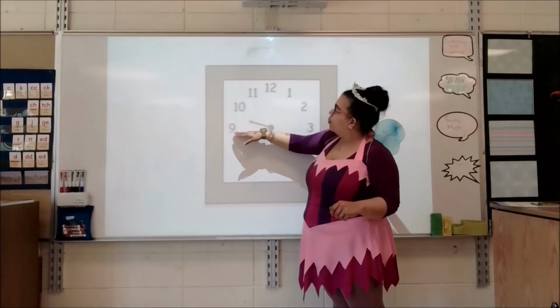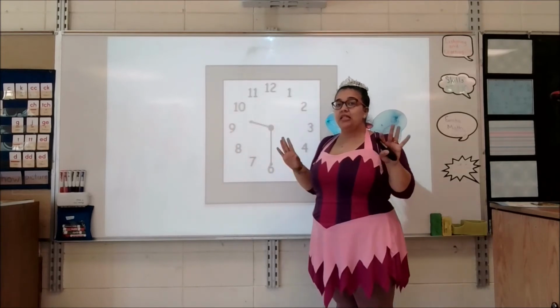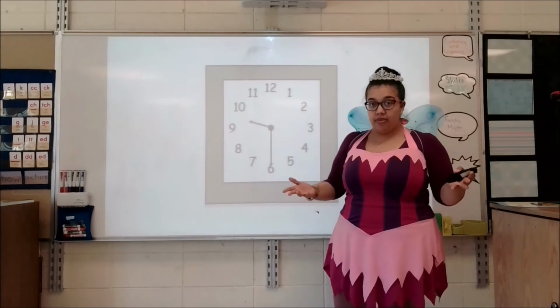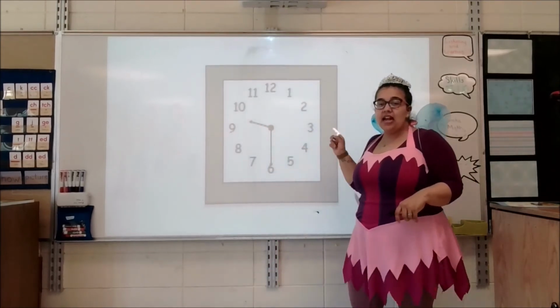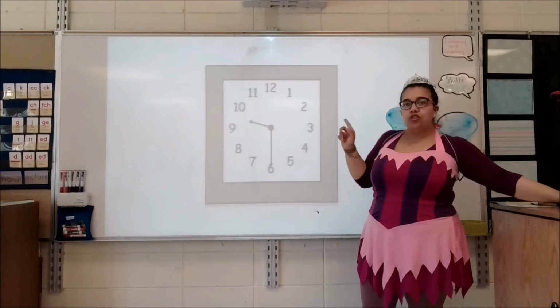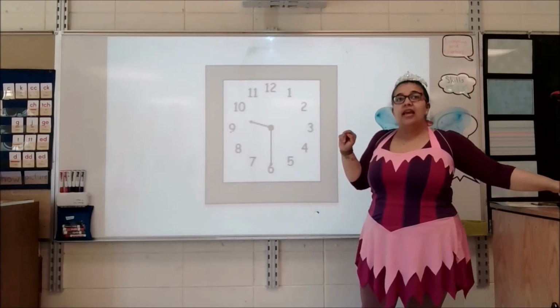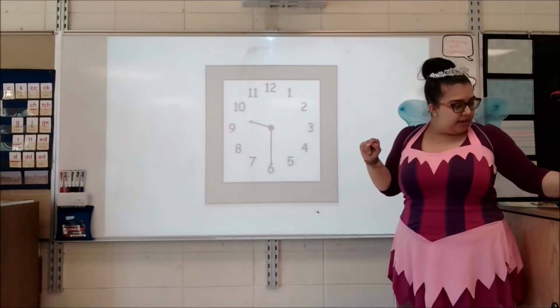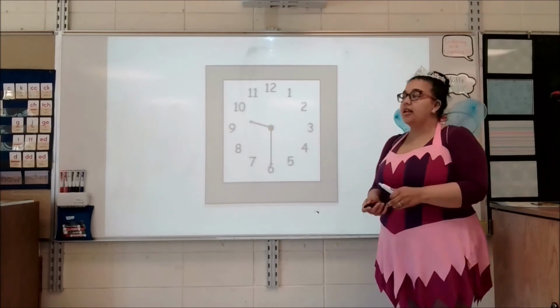The hour hand is pointing between the 9 and the 10, which means it is 9 something. Is it 9 o'clock or 9:30? 9:30. Good. Excellent. It is 9:30.